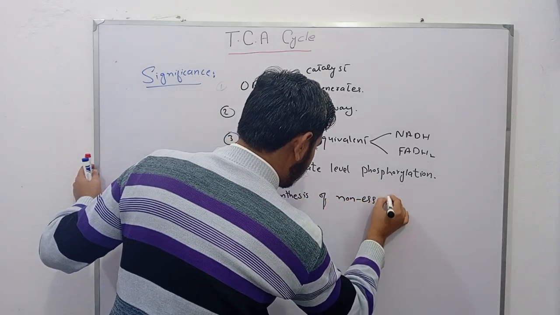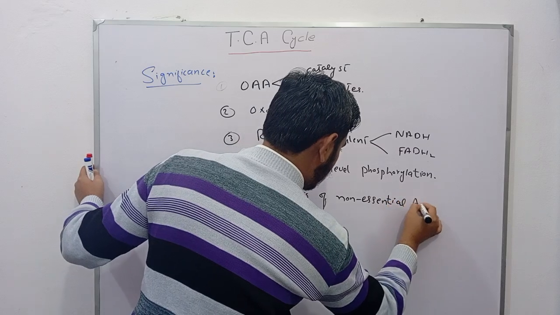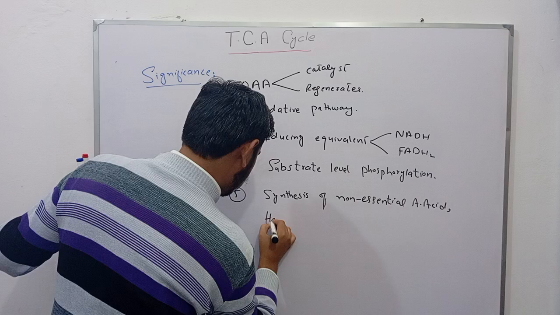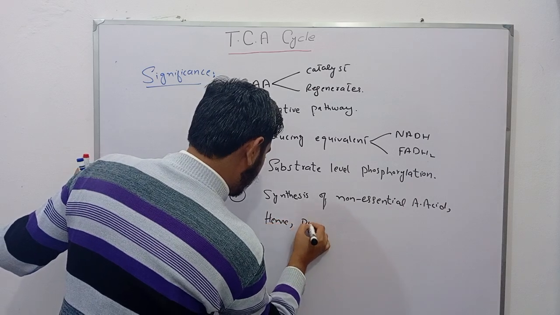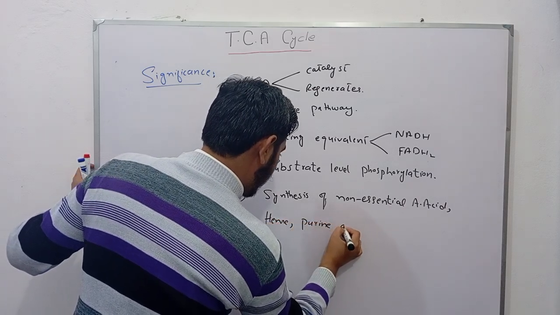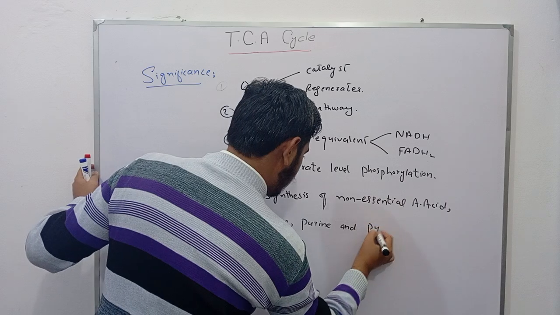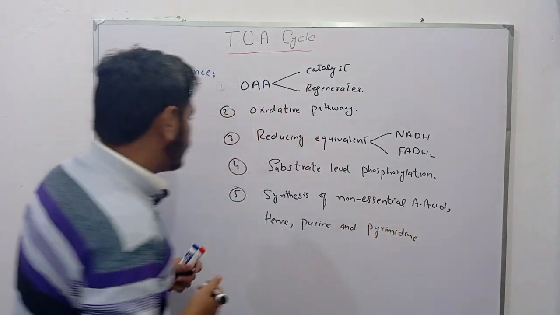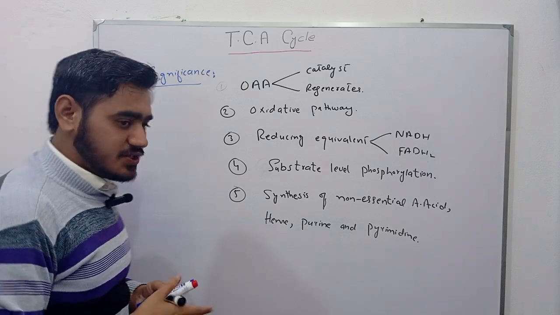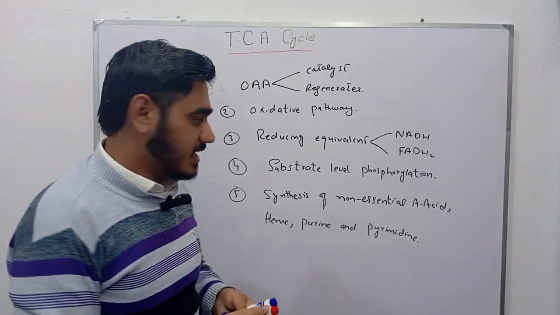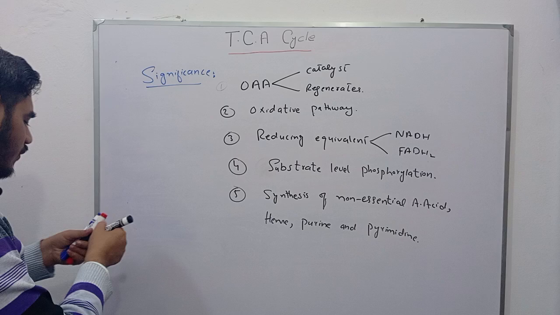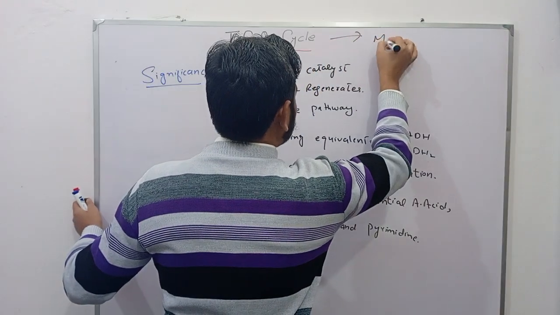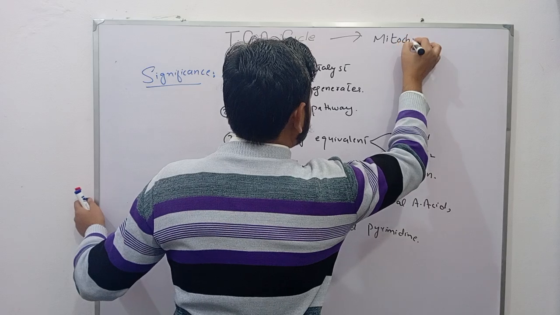Friends, these are the significant points of the TCA cycle, and one of the most important points is that the TCA cycle takes place in the mitochondrial matrix.